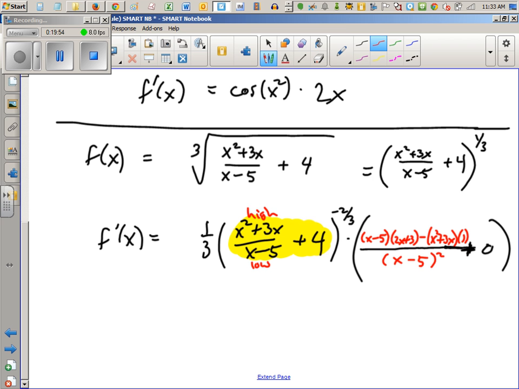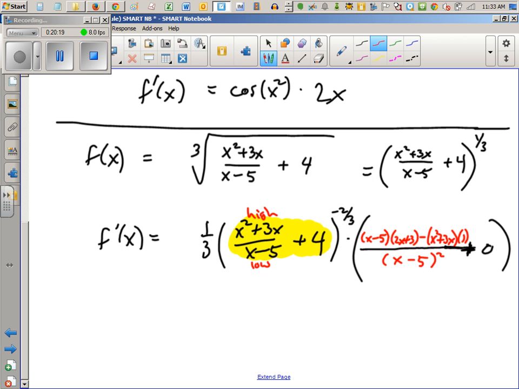If the expression's perfect, they'll just let you plug in 0. It's nice and easy. I think you just get 4/3. Actually, you get 0 for everything. No, you don't. I think you get like 20 or something. But anyway, my point is, usually you just plug in numbers, so don't get carried away simplifying. But was that a chain rule problem or a quotient rule problem? It's kind of both, right?